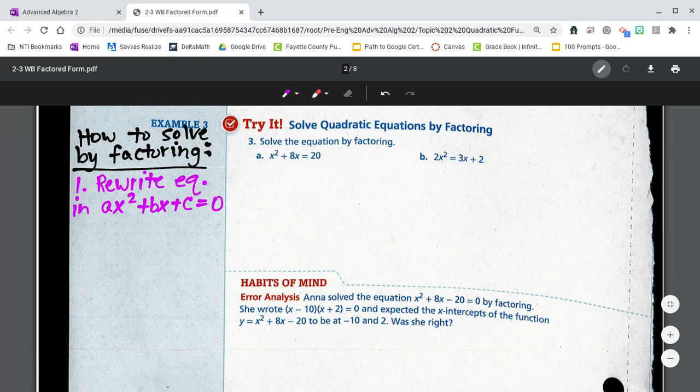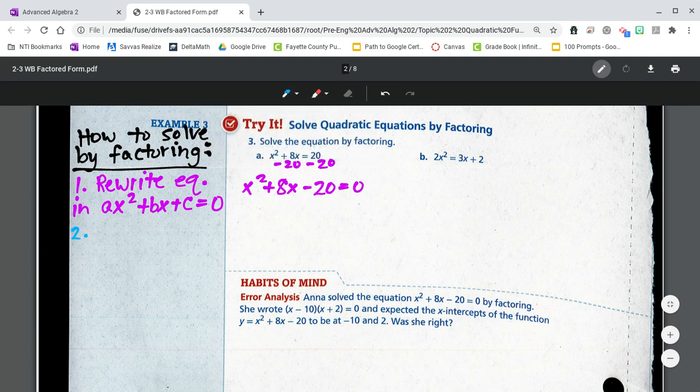So we're going to move everything over so that it equals 0. That means for me on part A, I need to subtract 20 on both sides. So now I have x squared plus 8x minus 20 equals 0. So step 1, done.